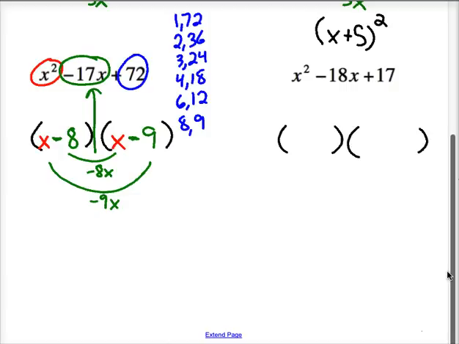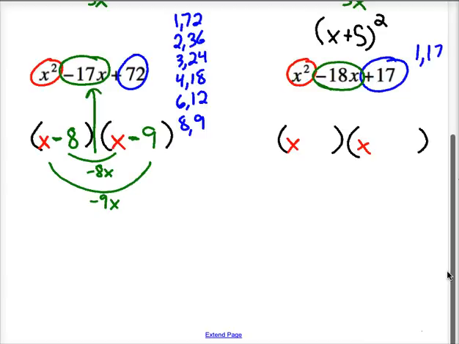So I'm going to build my parentheses. x squared comes from x times x. 17. Well, 17 is easy because it's prime. There's only one thing that multiplies to 17, and that is 1 times 17. All right, so that actually makes it really easy because, again, notice that middle. That middle is negative.